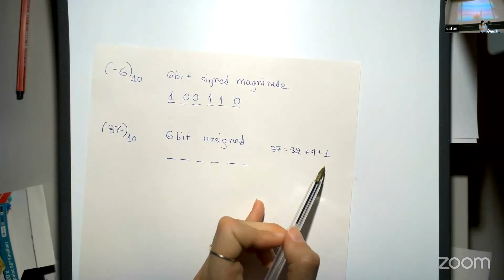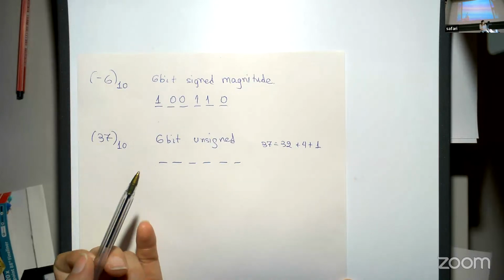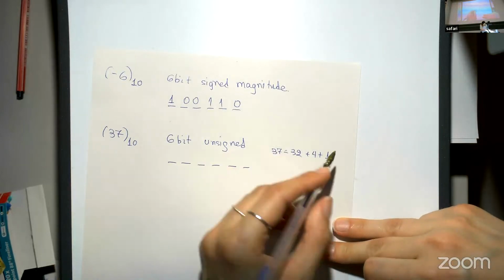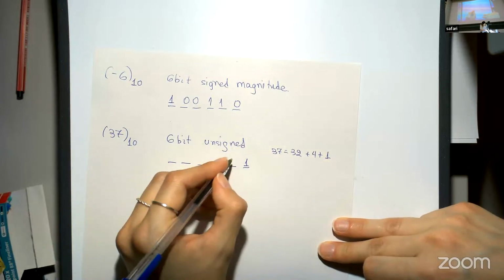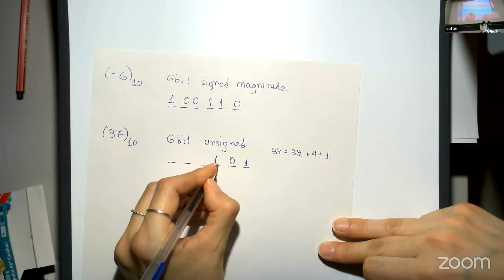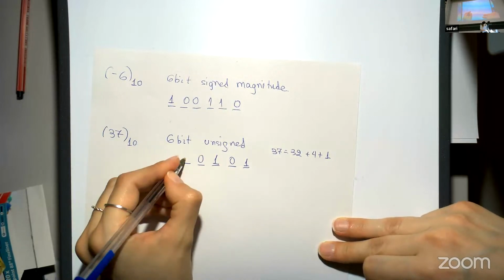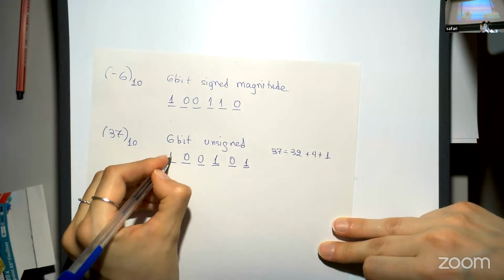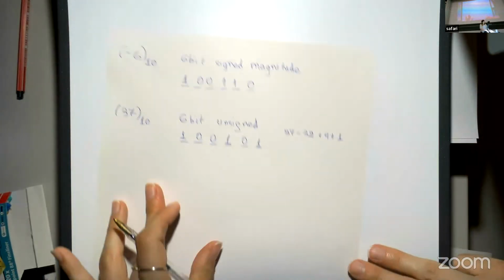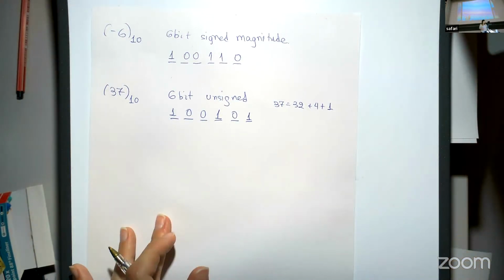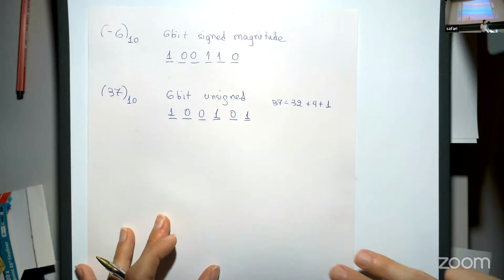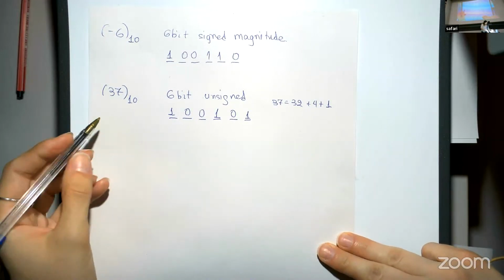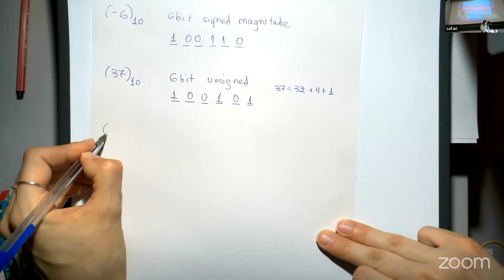This indicates the positions in which the 1s should go. So we have a 1 here, 0, a 1 for the 4, and then a 1 on the most significant bit for the 32. Okay. Is this clear? Now we move on to the next number.